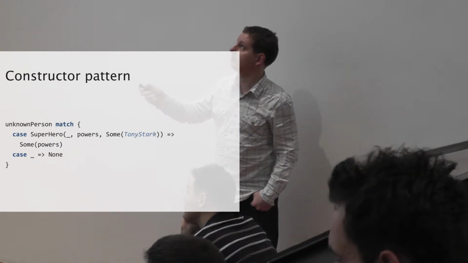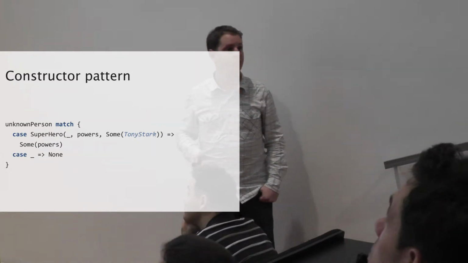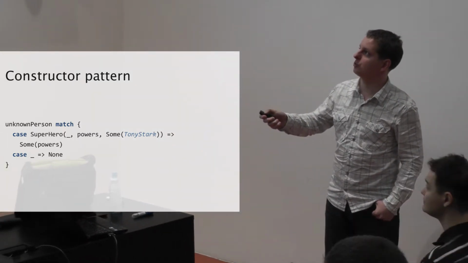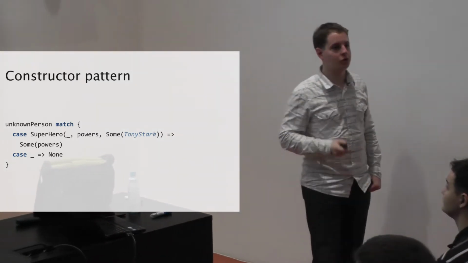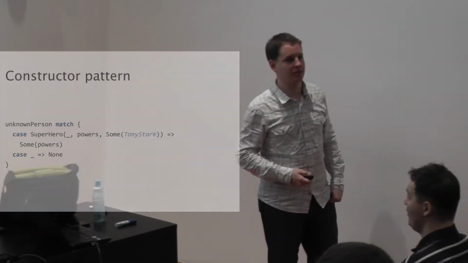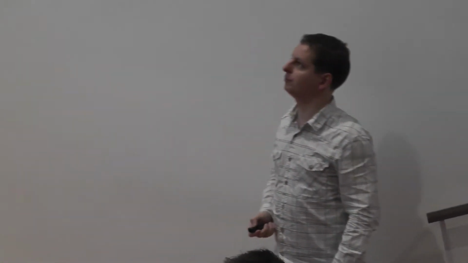And if all these conditions hold, then the branch matches and we get Some powers. Otherwise we get None. So this is constructor pattern. This is how the patterns nest into each other. You can nest them to any depth and level. So, did you get constructor pattern? Yes. Cool.